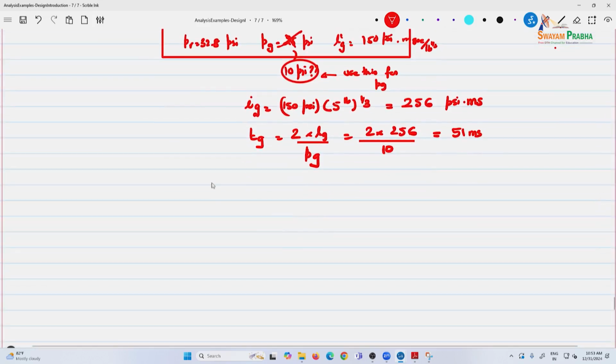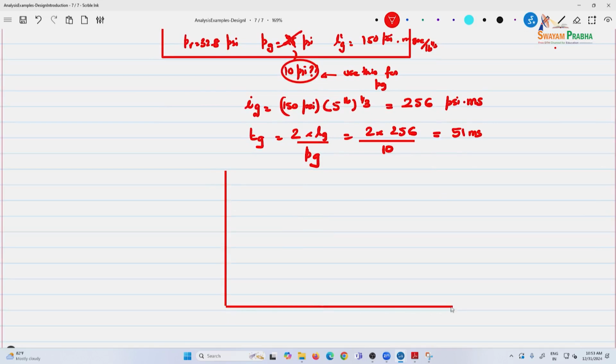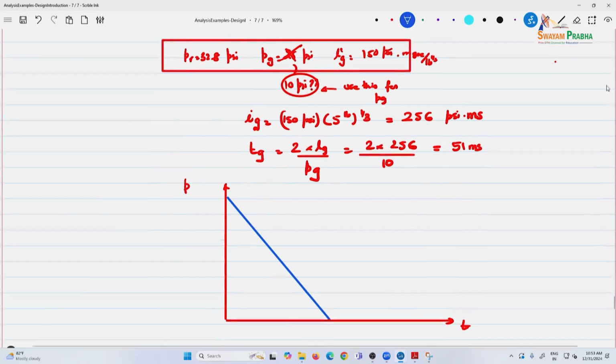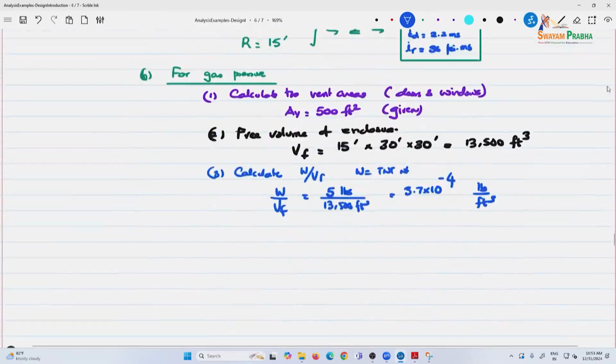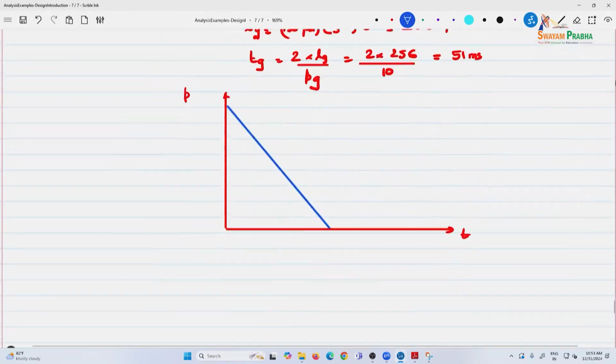So your final expressions for the gas pressures would be, for both together, P versus T, you have the, what was TD? 2.2 milliseconds.